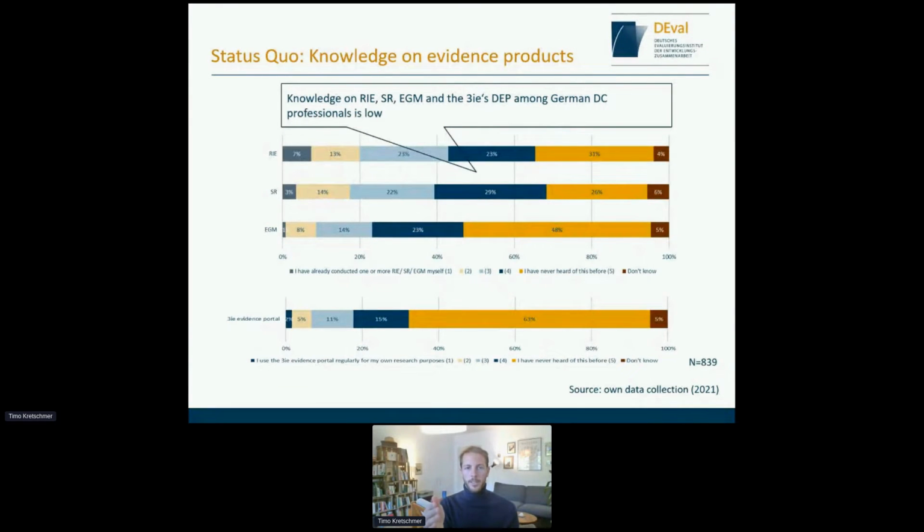A bit better for RAEs and systematic reviews, but still not great. The last bar is the 3E evidence portal, where we see an even larger share of people that have never heard of this before, or at least a tendency towards not using it and not having heard of it. So in general, knowledge on all 3 products and the main source for those products is quite low among professionals.